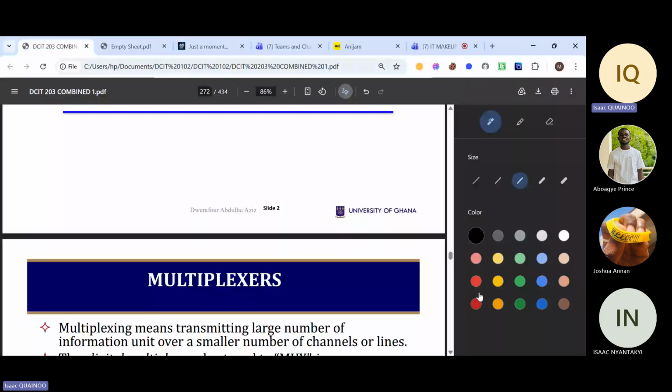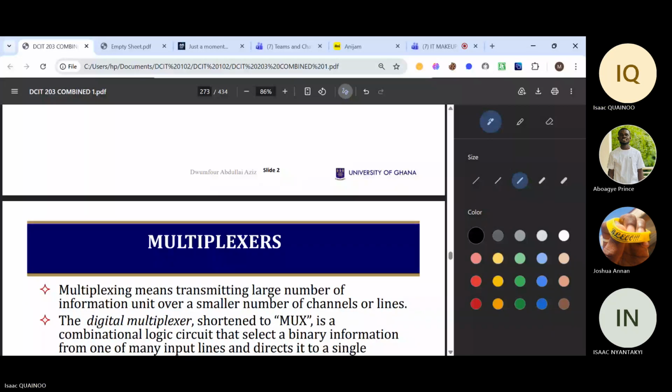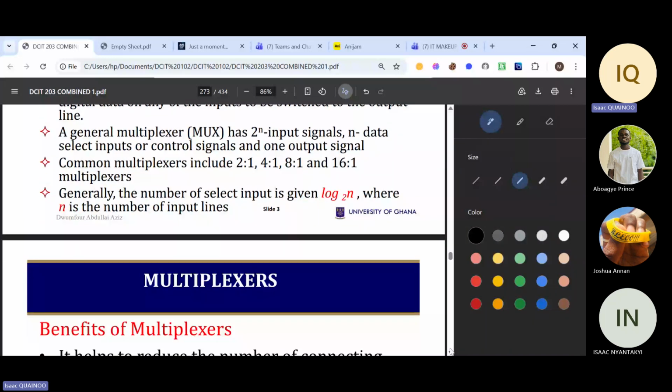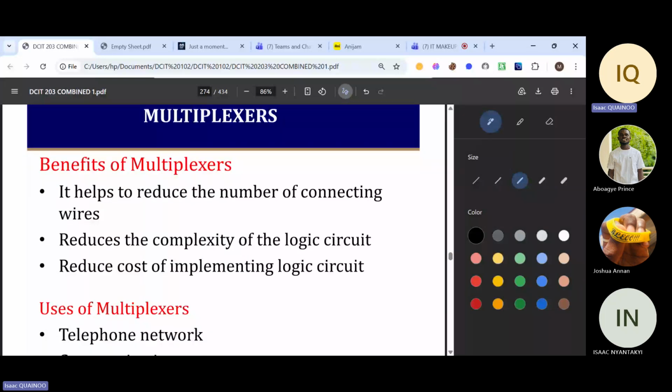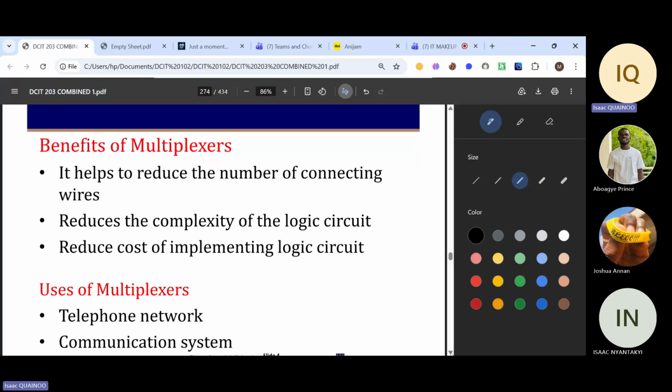Yesterday, I don't know why the rest are not joining, but let's continue. Yesterday we looked at what a multiplexer is, the various types of multiplexers, and how to determine the inputs and outputs of a multiplexer, and the same for the demultiplexer also.